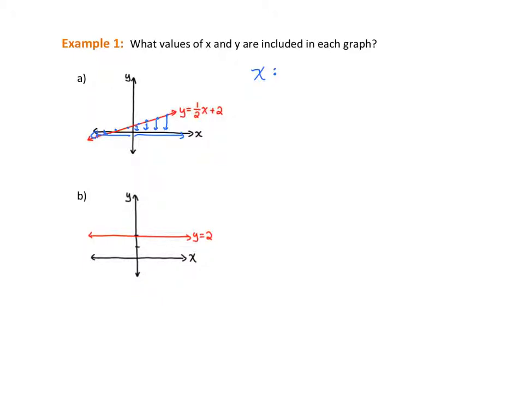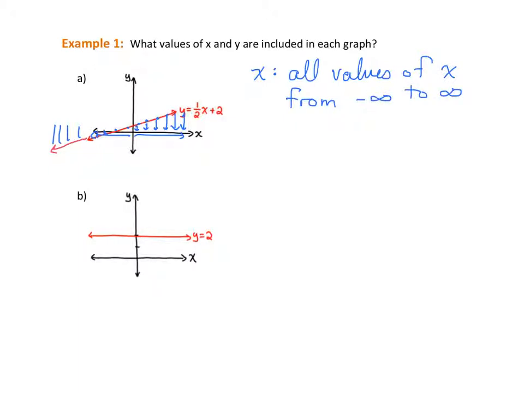So as this red line keeps going, let's go to the negatives, we still are including all these x values straight to negative infinity, and all the x values straight to positive infinity are included. So all values of x from negative infinity to positive infinity are included.